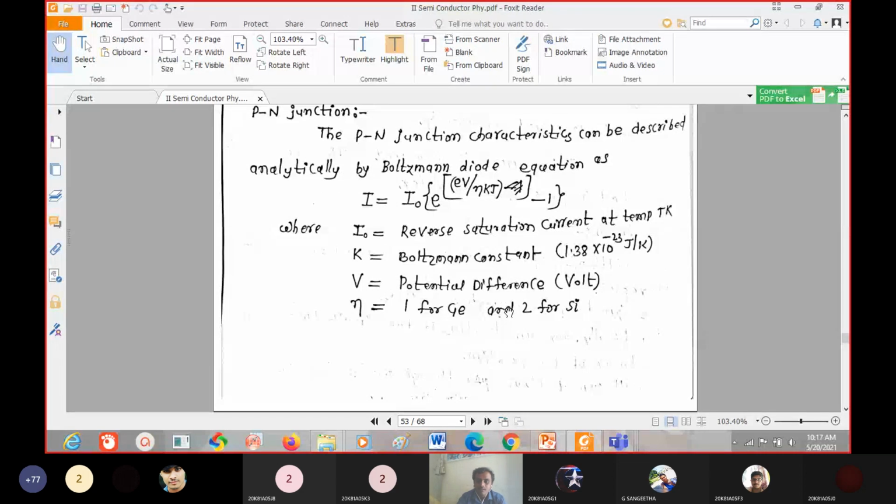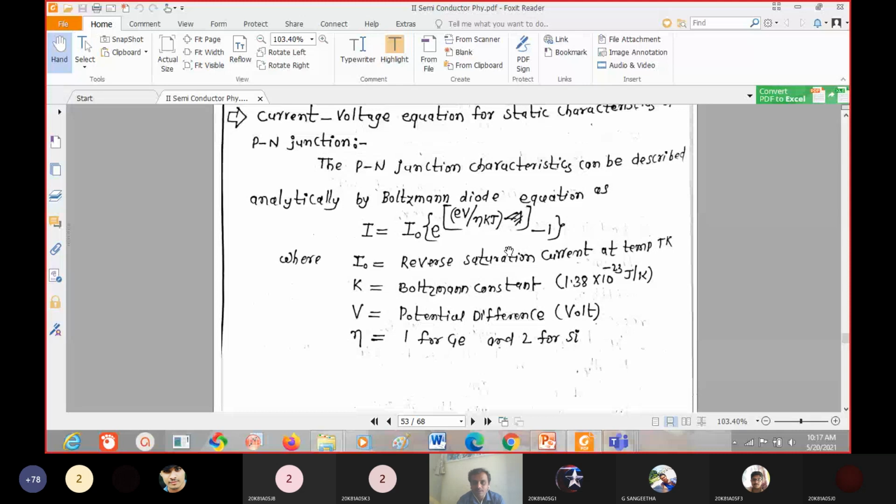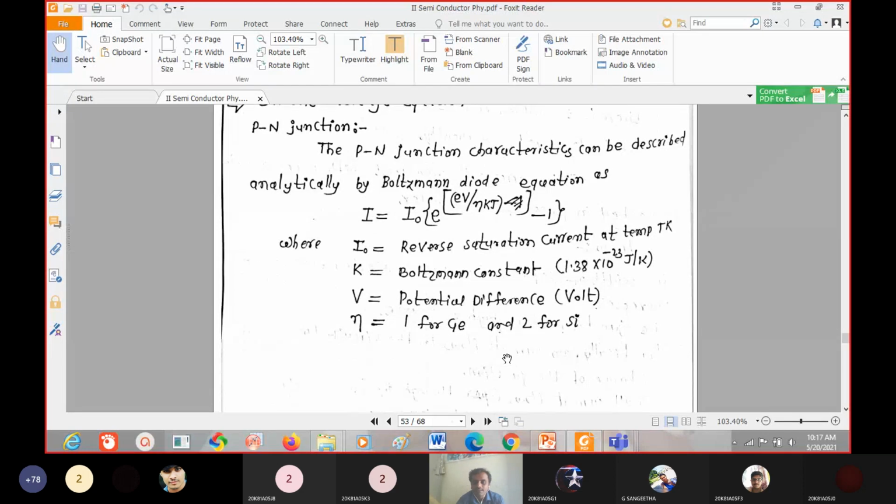Eta is the emission coefficient, which is 1 for germanium and 2 for silicon.